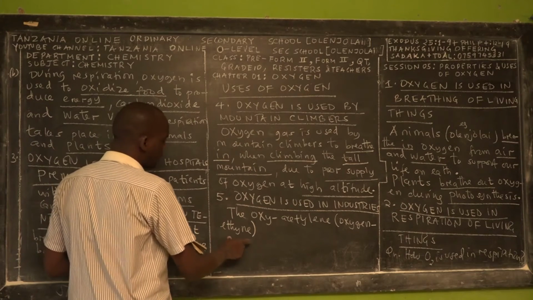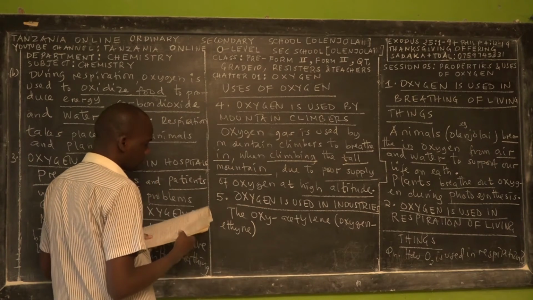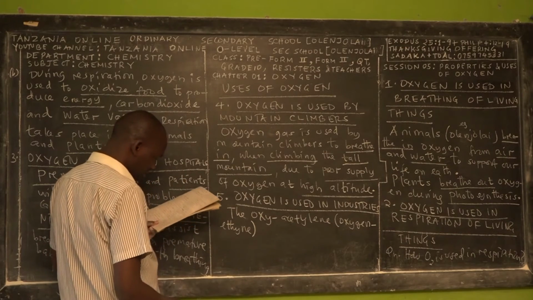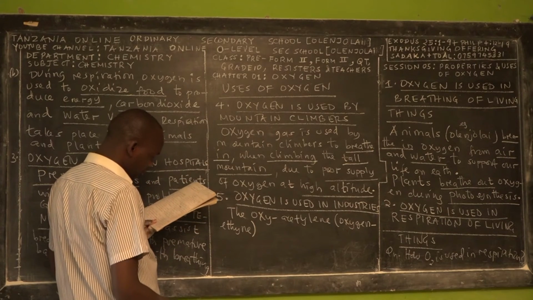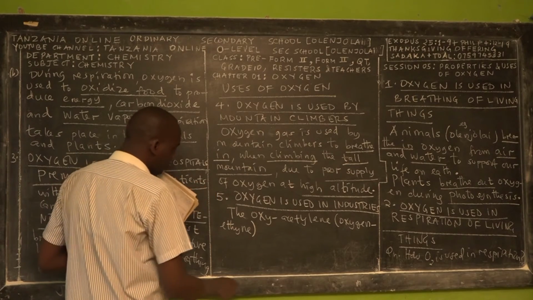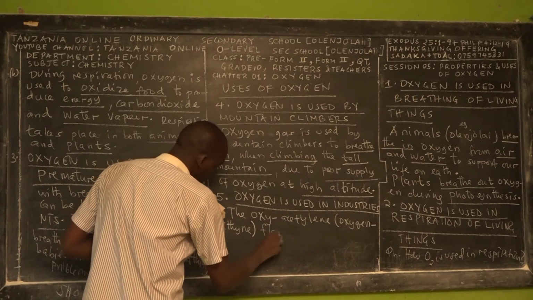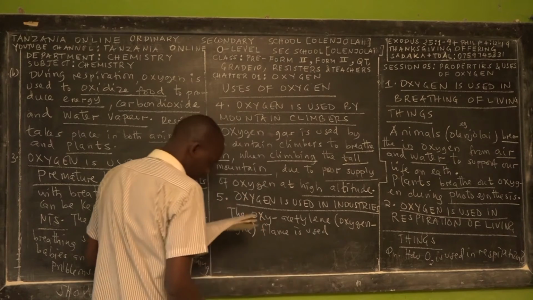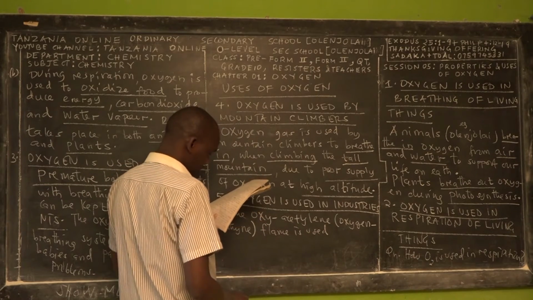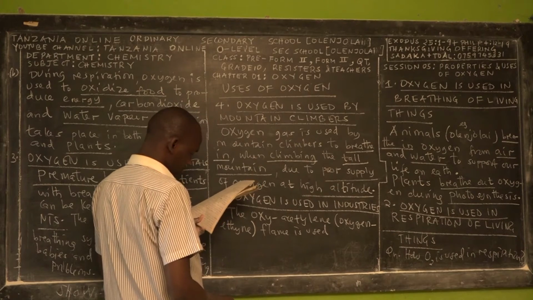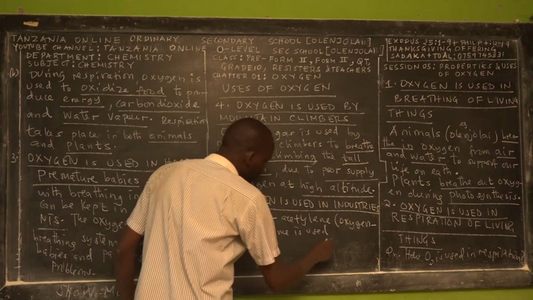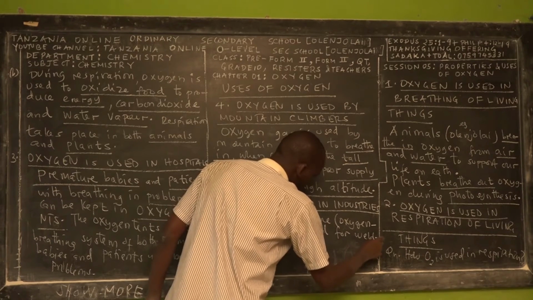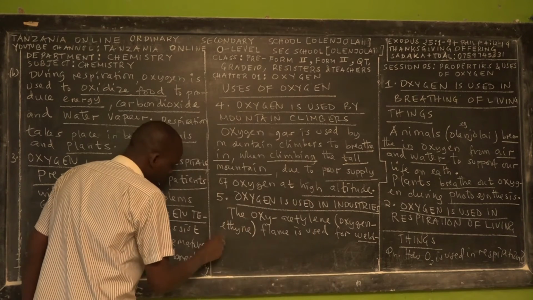Ethyne contains 2 carbons and 2 hydrogens. So the oxyacetylene flame is used for welding, and cutting.